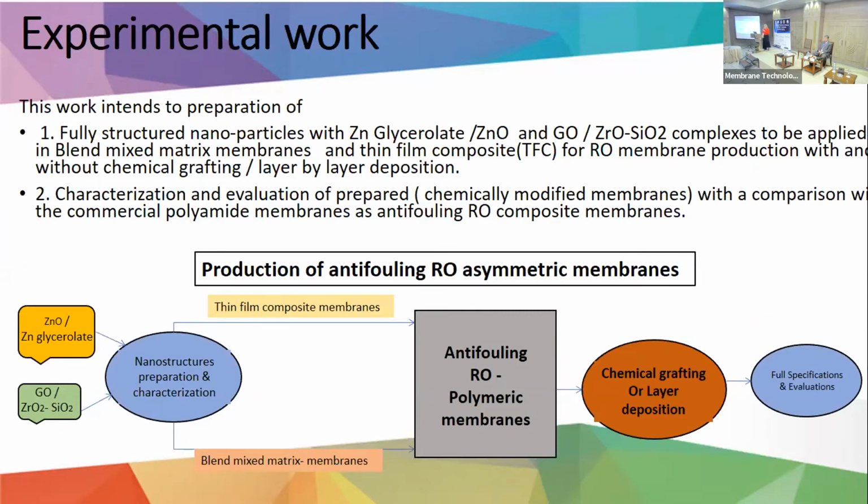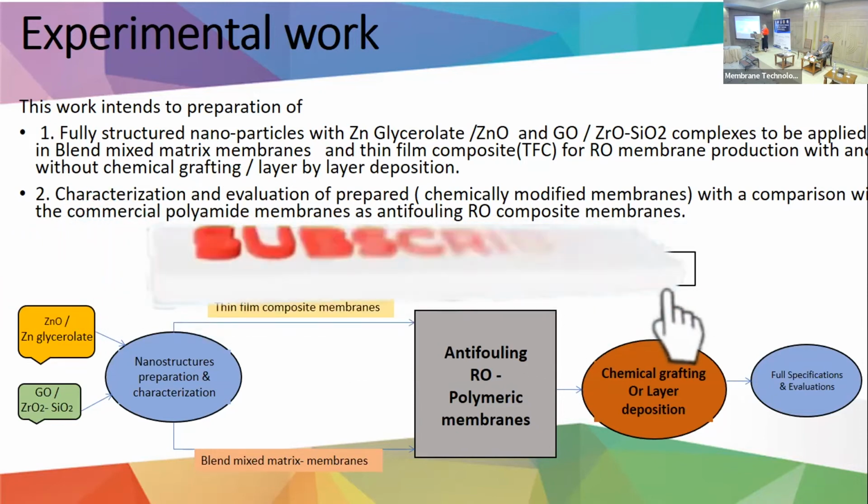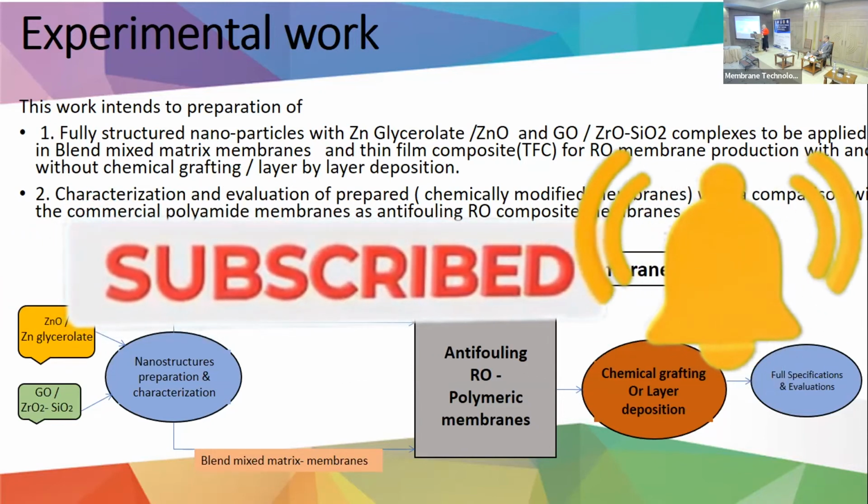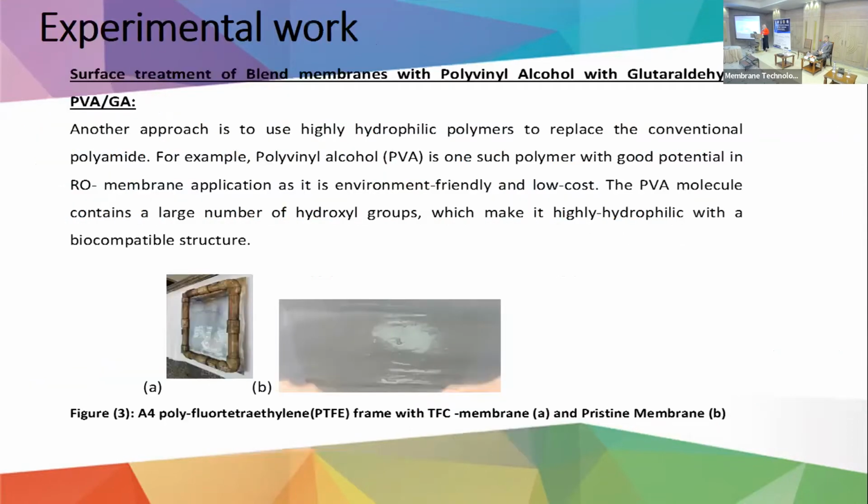In the experimental work, we are dealing with zinc oxide, combining zinc oxide with an organic structure to get zinc oxide glycerolate. Also, we have graphene oxide. All of these were blended with the polymer structure and studied without surface grafting or surface modification, and compared with the blank one without graphene oxide or zinc oxide, and with surface modification using grafting with Poly-Methacrylic acid.